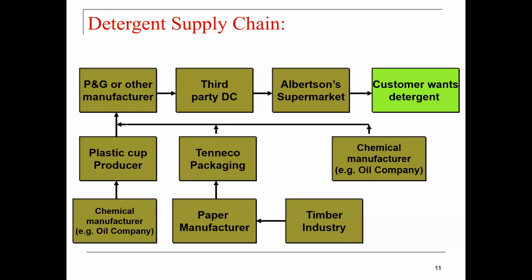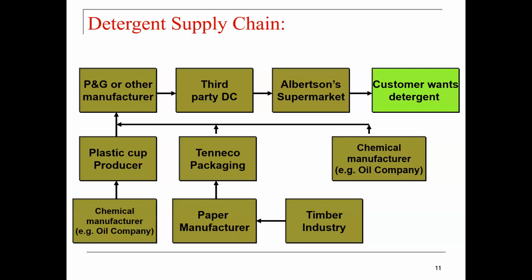They know that customers are asking for this product, so they will try to put it in their stores. Then a third-party distribution channel will deliver the product to the supermarket from the manufacturer, and the manufacturer is Procter & Gamble in this case.